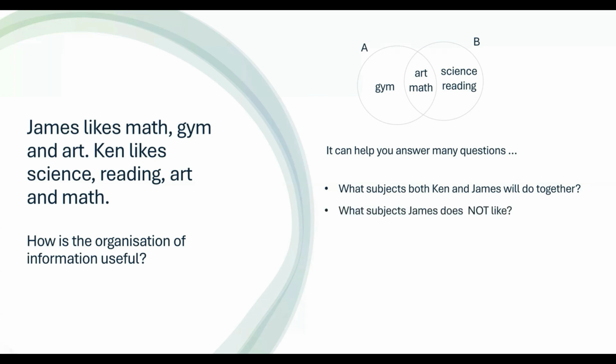What subject does James not like? Well, James likes math, gym, and art. Science and reading are not part of set A. So the answer is that James doesn't like science and reading.